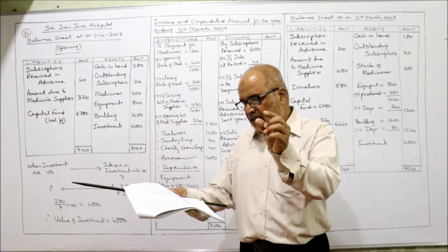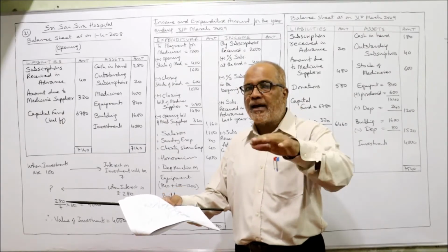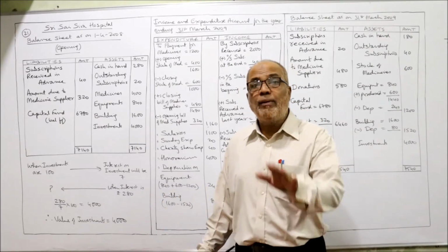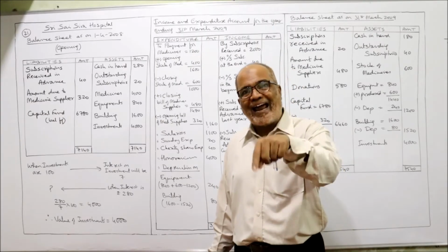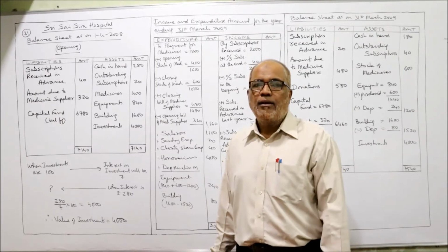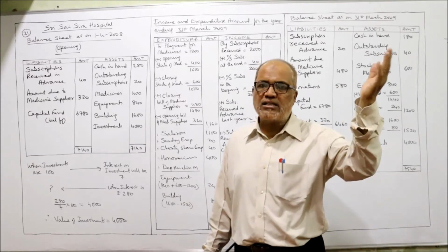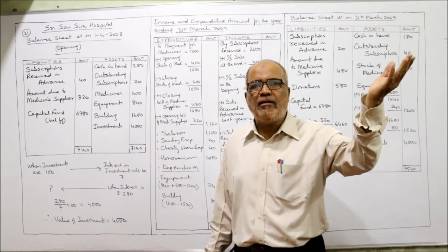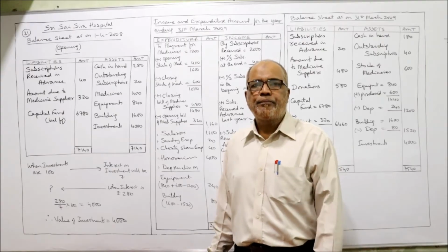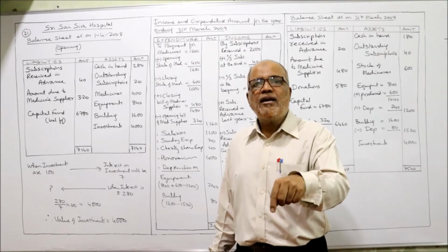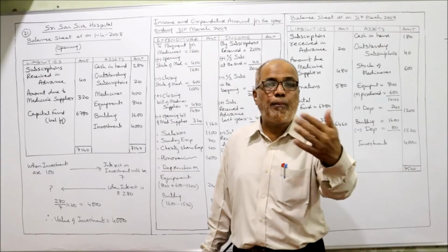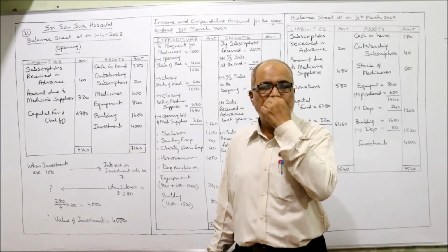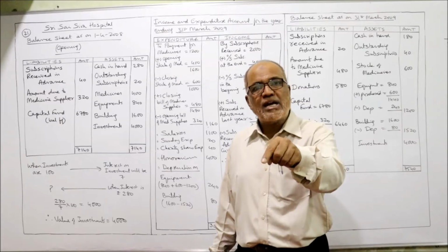So outstanding, that is the amount due to medicine supplier at the beginning of the year, will be deducted, and outstanding medicine suppliers at the end of the year will be added. Because beginning of the year means last year we have purchased but we have not paid. Now current year we have to pay. Similarly, current year's outstanding means current year we have purchased the medicines but we have not paid. We have to add up. So current year outstanding added.